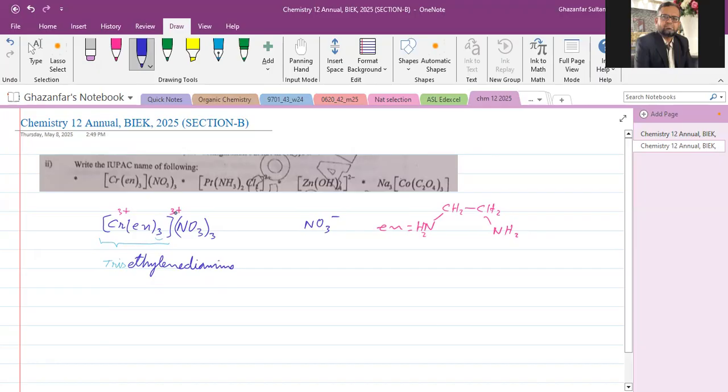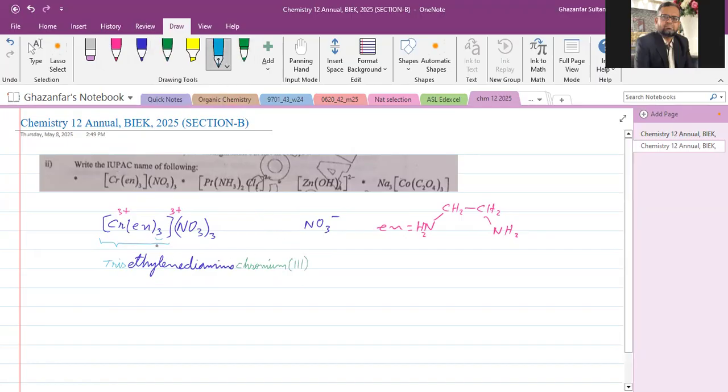And as the coordination sphere is positive, the name of the chromium is written as it is. So we write chromium, and then we write the oxidation number of chromium here.